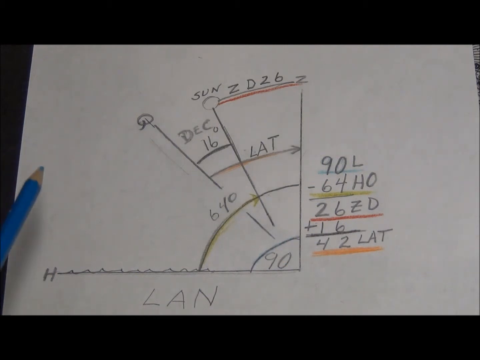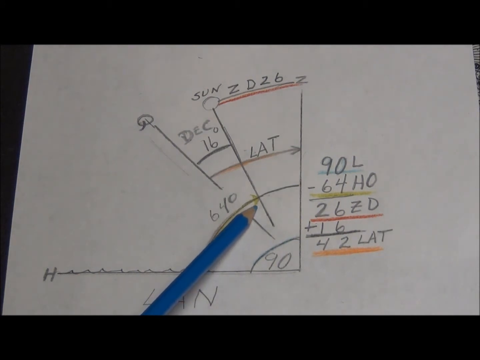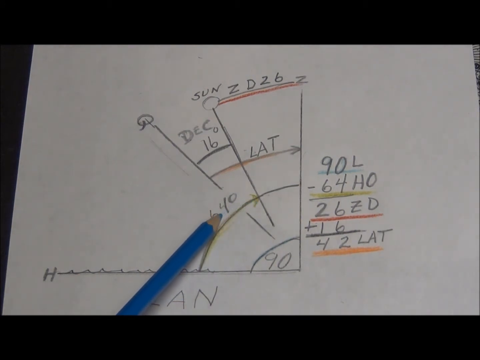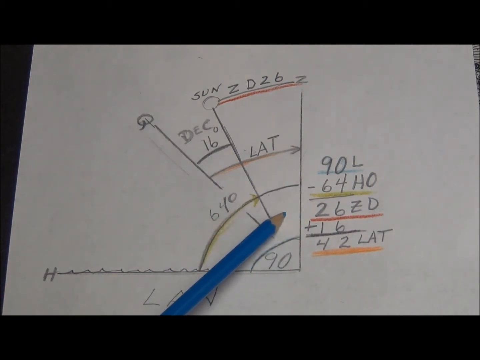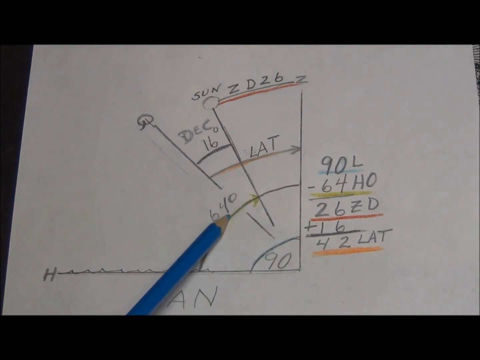Now what happens is you measure from your horizon to the sun. Let's say that's 64 degrees. Now you need to find latitude. So since it's 90 degrees from over your head to the horizon, you subtract that 64 from 90.